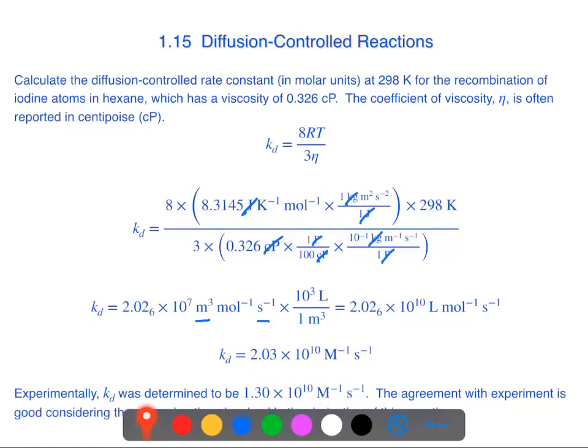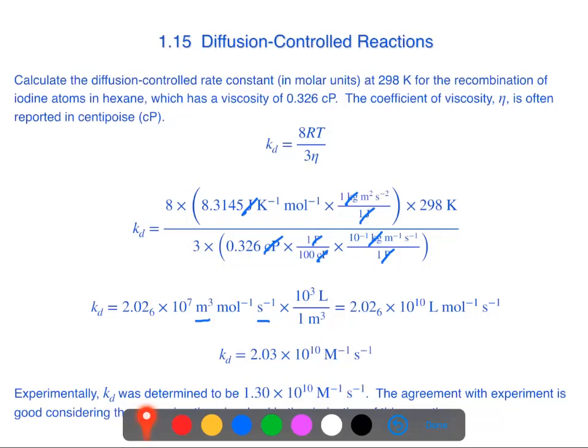We get a value of 2.02, carry the 6 for rounding, times 10 to the 7 meters cubed, mole minus 1, seconds minus 1. Now this is not in molar units. We like to convert our rate constants to the same units that we've used previously. For a second order reaction, that would be molar minus 1, seconds minus 1.